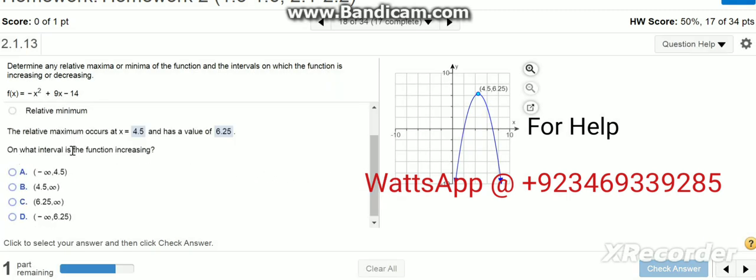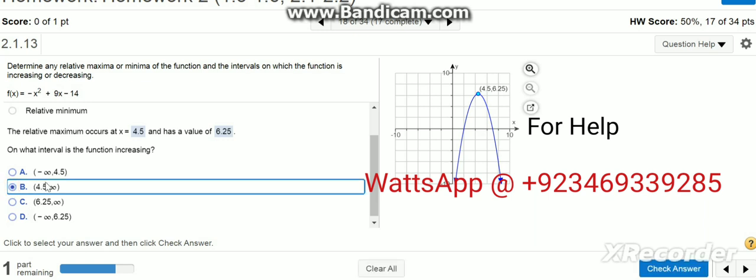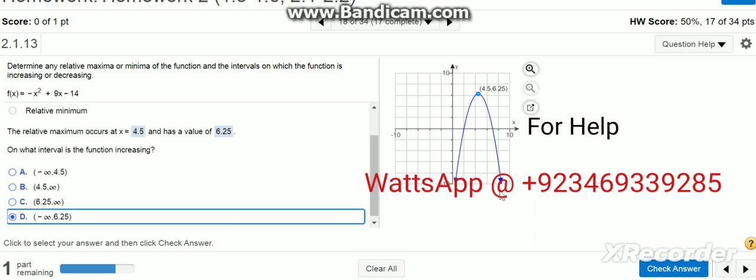Let's move. On what interval is the function increasing? At which interval is the function increasing? At 4.5 to 6.5, sorry. At x is 4.5 and y is, so let's check it. Sorry. Oh, it's increasing from minus infinity to y 6.25.